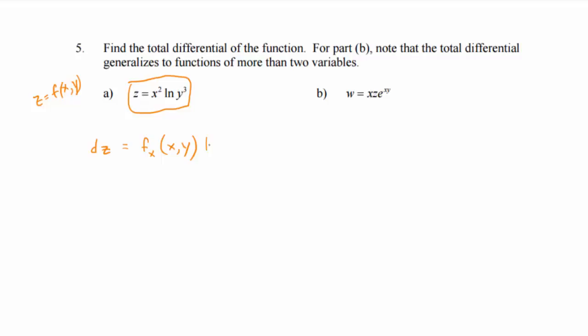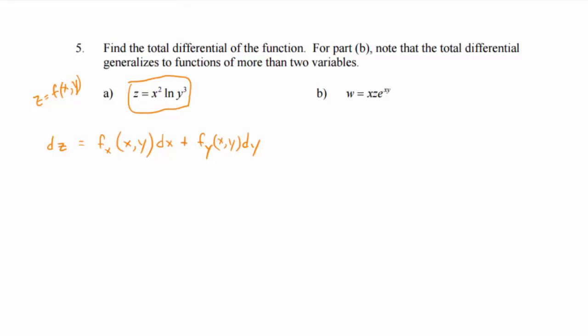Here I'm being more generic. I'm saying x and y can vary, and then we can always fill it in for any values that we have. So the derivative of f with respect to x, dx, plus the derivative of f with respect to y, and then dy. So that's the formula you would use in part A.